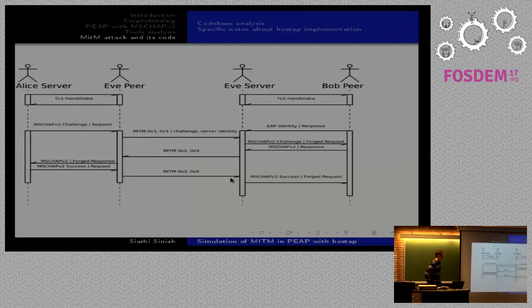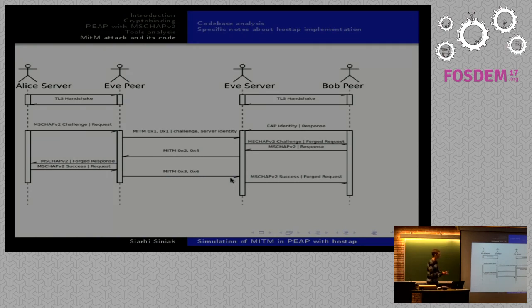So I have decided to call the server Alice and the client Bob. Usually they call the eavesdropper Mallory, but I have called it Eve. It doesn't matter at all. So in my simulation, the man-in-the-middle node consists of two EAP state machines, the Eve peer and the Eve server. The Eve peer communicates with the legitimate server, and the Eve server is our rogue access point that captured the attention of Bob.